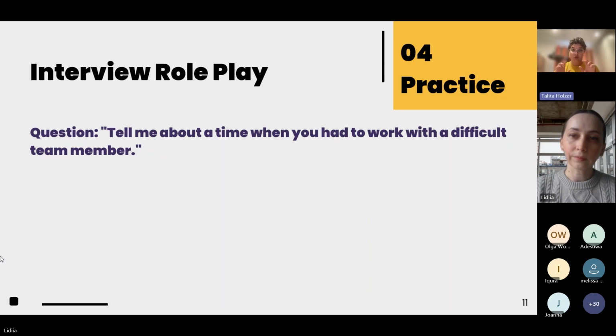Now they want to get to know you and make sure you stand out from the other qualified people. If you're just listing every job and skill, the person is going to be staring at the piece of paper in front of them thinking, I could just read this. So this is an opportunity to say something else and to connect the dots: connect what is on your CV, your experience, with what they're looking for.